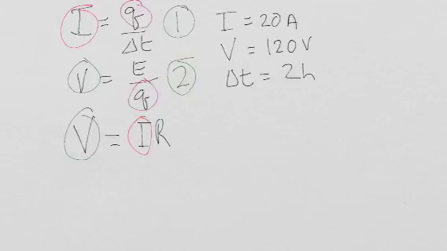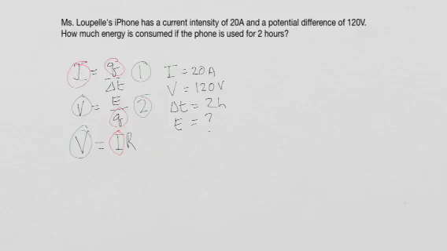If I gave you these values and I asked how much energy this iPhone is using in this amount of time. Of course, this would all be typed out in a paragraph, so you would have to take that information out. So I've typed out the actual word problem here, and we've written down all of our variables, because this is how you approach a problem like this.